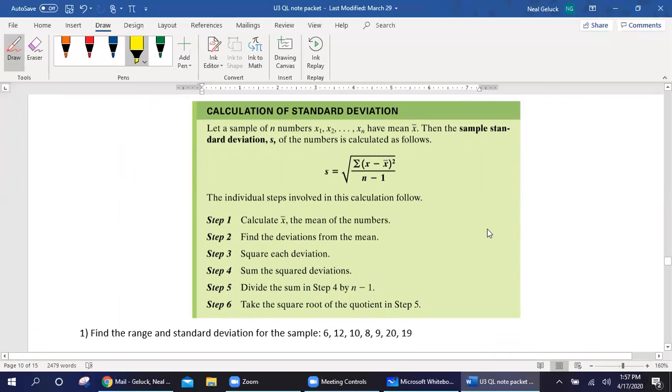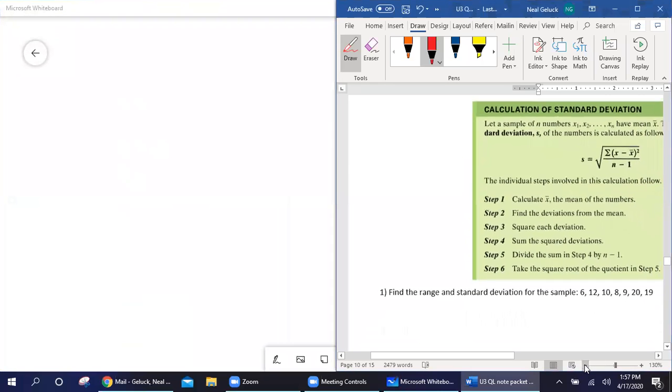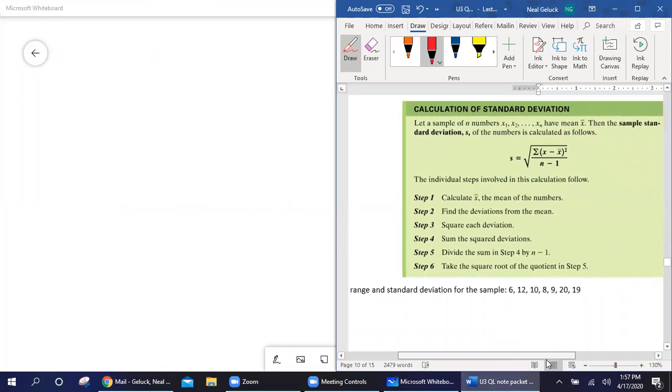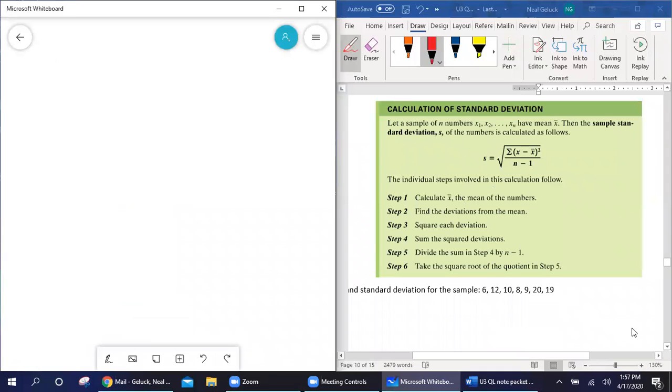So what is this saying? If we look at this from inside out, well, actually, let me do this. This will be a little easier, I think. Open up another window here. Okay, so the first thing we did was we figured out the mean.